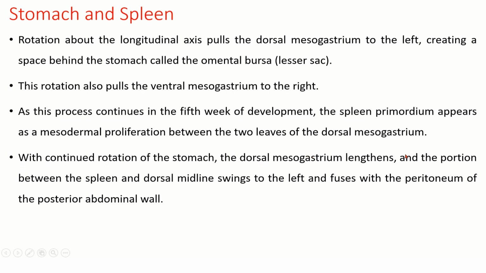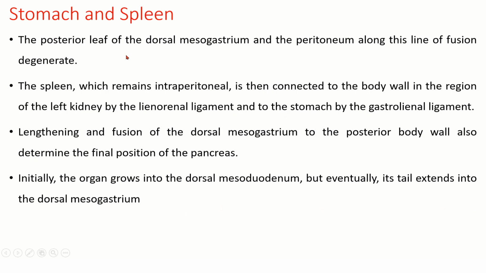The dorsal mesogastrium lengthens. The portion between the spleen and dorsal midline swings to the left and fuses with the peritoneum of the posterior abdominal wall. The posterior leaf of the dorsal mesogastrium and the peritoneum along this line of fusion degenerate.